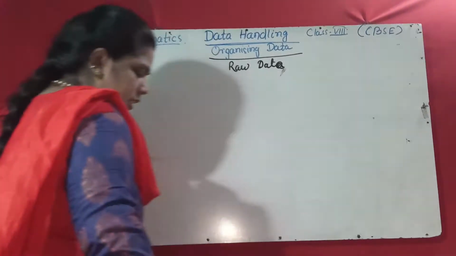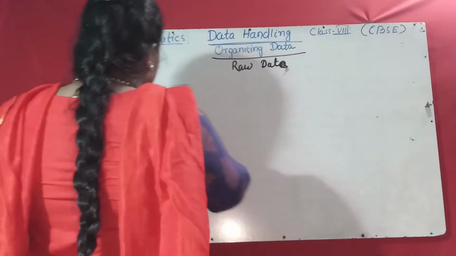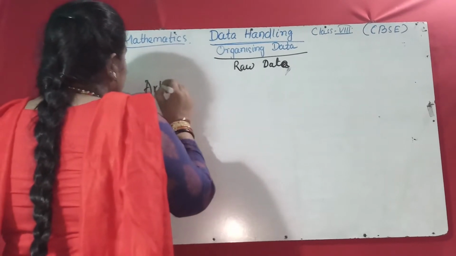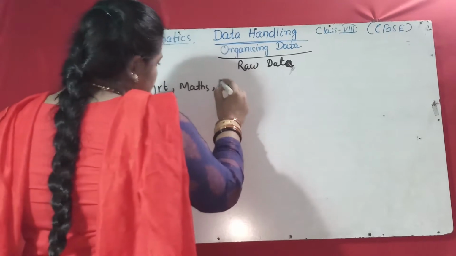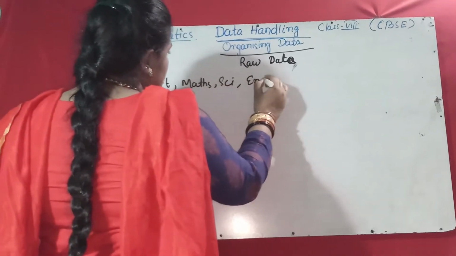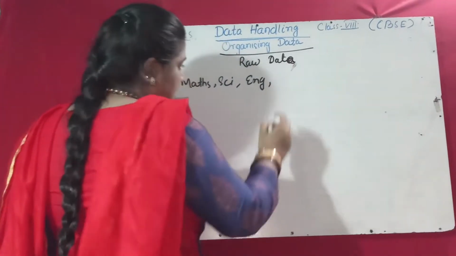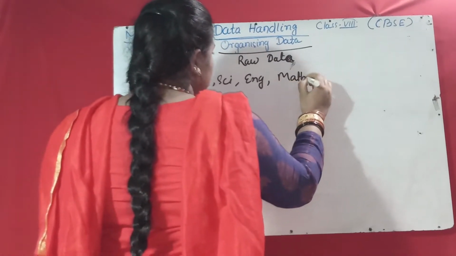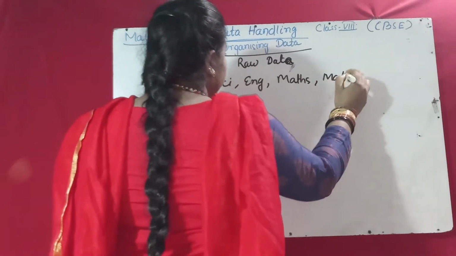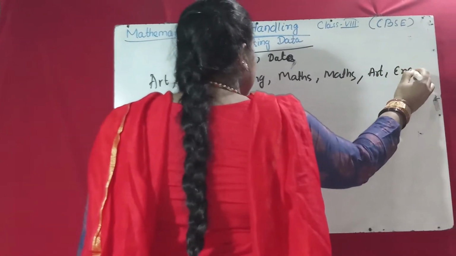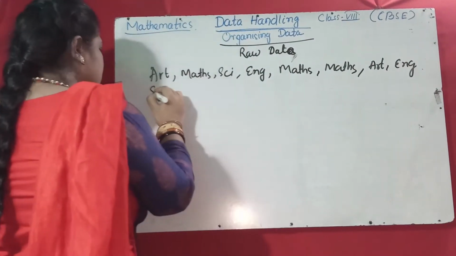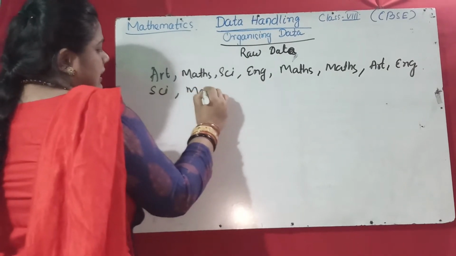Suppose some subjects are given: art, math, then science, English, again math, again math, art, English, then again science, math, like this.